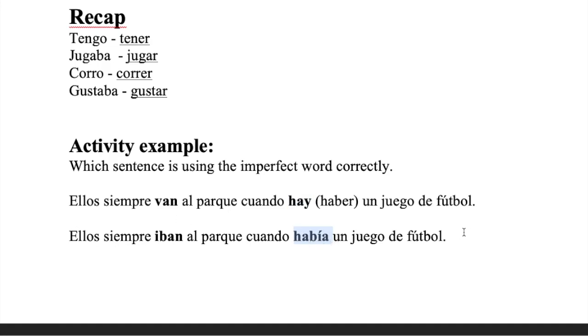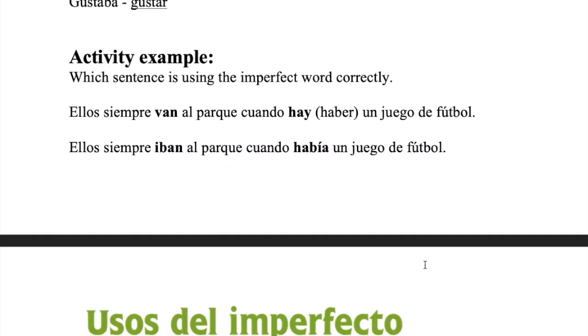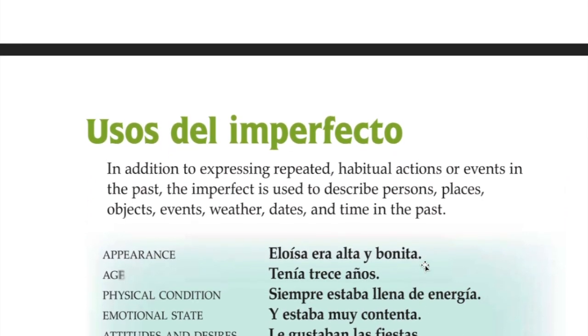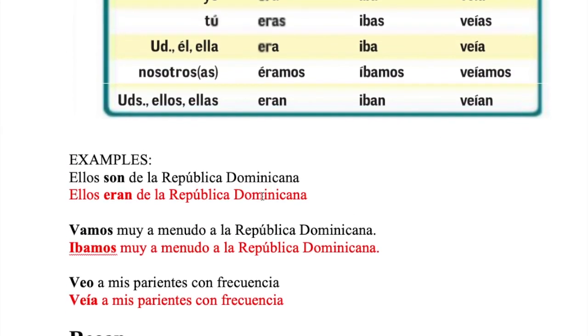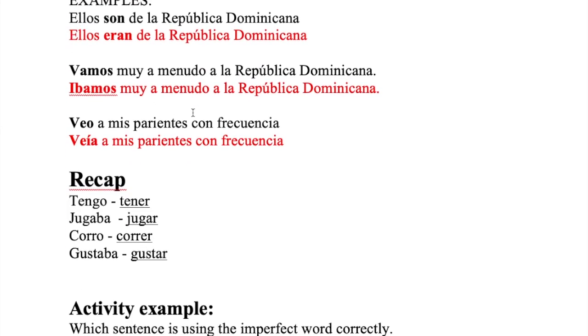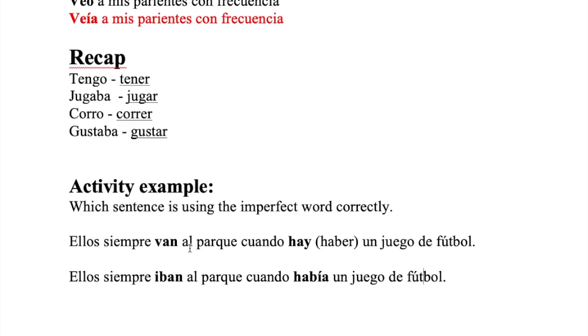So in conclusion, we'll be changing to ellos siempre iban al parque cuando había un juego de fútbol, meaning they always went to the park when there was a soccer game. Okay, moving on. So that is basically that. You'll have questions like this and questions like that.